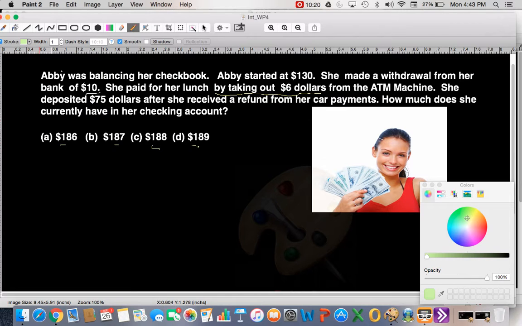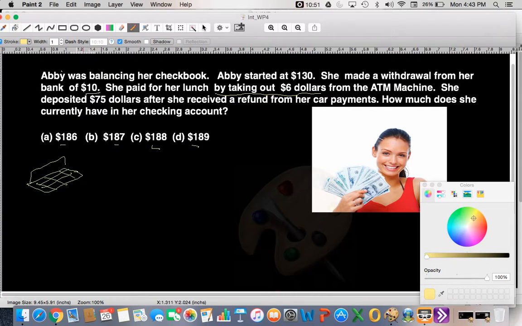So let's start first looking at some of the keywords that were used in this particular problem. So Abby was balancing her checkbook. So let's draw. So there's a checkbook, right? A checkbook. So she's balancing her checkbook, and she has $130 in that checkbook.